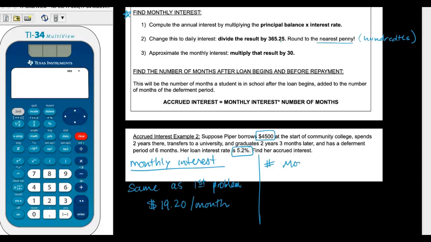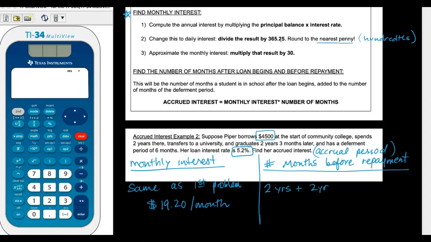Number of months before repayment, and this can also be called the accrual period, when interest is accruing. So she went to the community college for 2 years, so I'm just going to write 2 years, and then graduated from a university 2 years and 3 months after that. So we have another 2 years, 3 months, and then we have a 6 month deferment period.